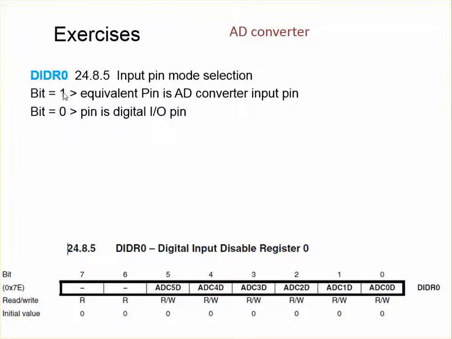If we put the equivalent bit here to 0, then the pin will be used for the C port digital pin, and with value 1, it will be the AD converter input bit. So we could choose the functionality of each of these individual six pins by defining here either 1 or 0.